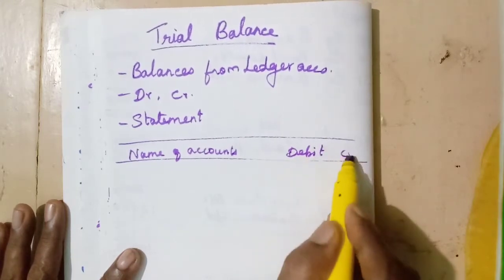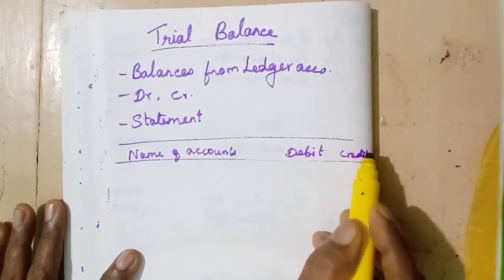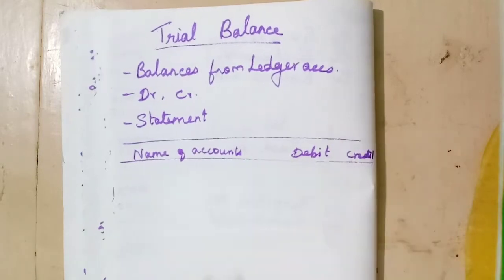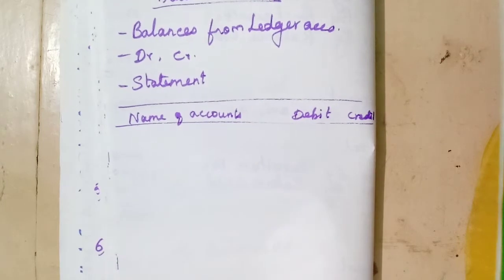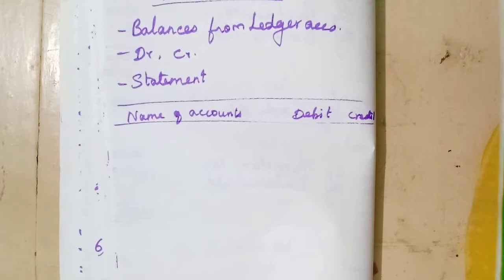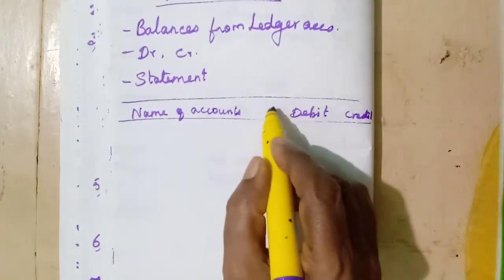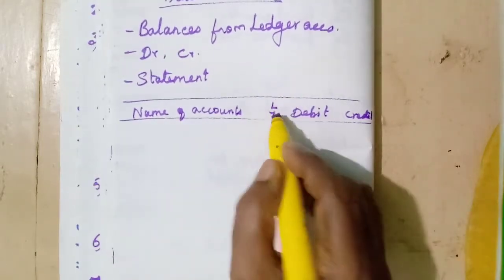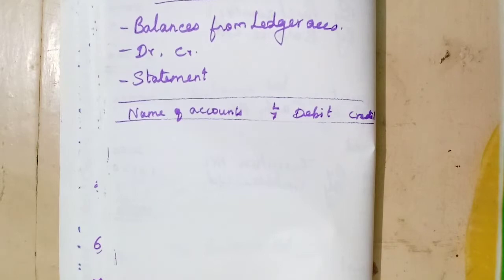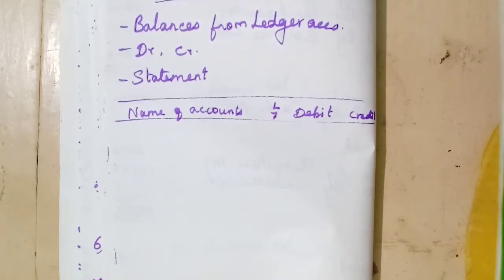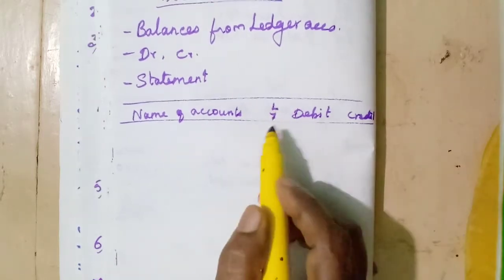Only 3 columns. One is name of accounts, the other debit, credit. Sometimes they will write LF also, or sometimes they will not write.